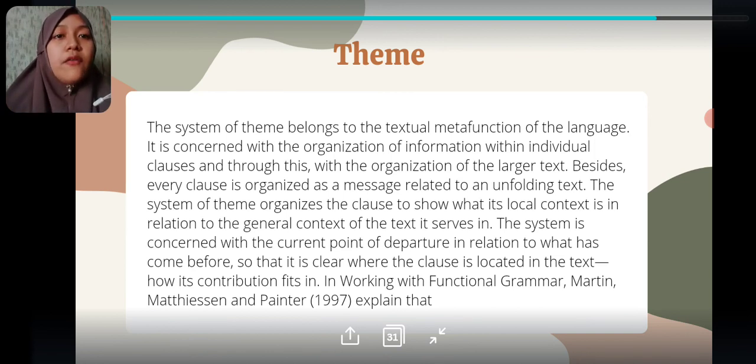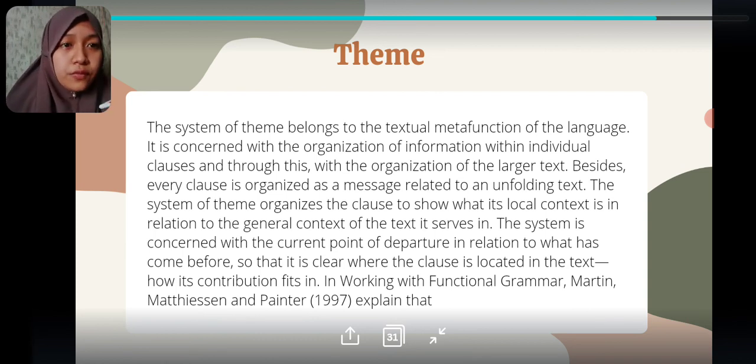The system of theme organizes the clause to show what its local context is in relation to the general context of the text it serves in. The system is concerned with the current point of departure in relation to what has come before, so that it is clear where the clause is located in the text, how its contribution fits in.